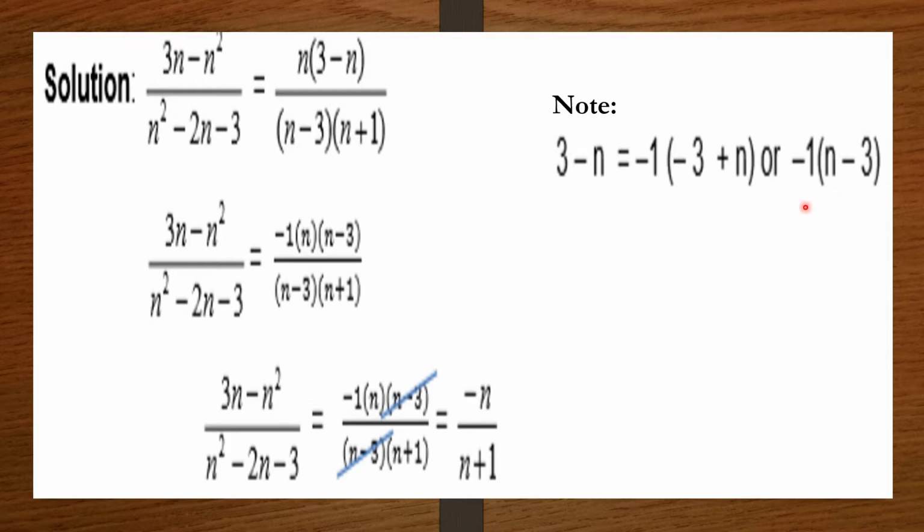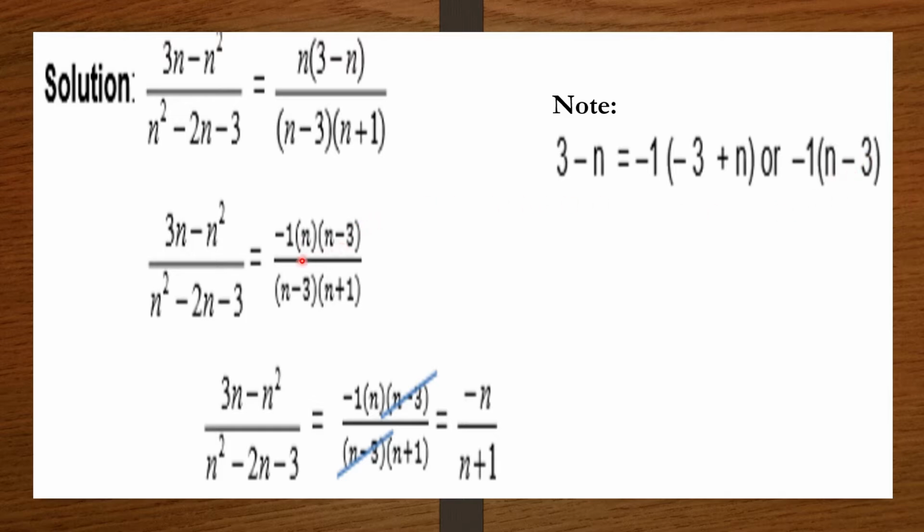Okay, such that we will now write this as 3 minus n. Sulat na natin dito. Ngayon. So, yung negative 1 times yung n na factor natin dito, kopyahin na, times yung n minus 3 dito. Okay?